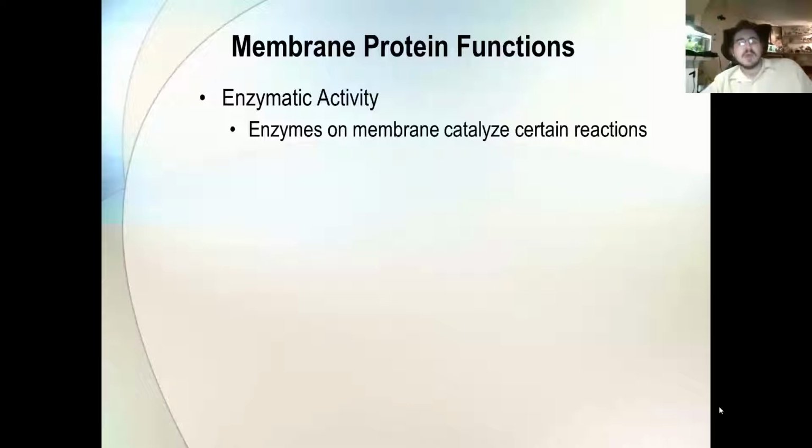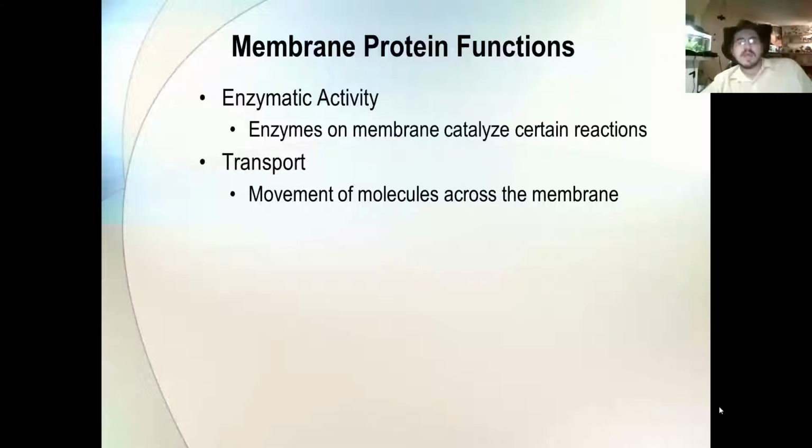So you can have enzymes on the protein membrane helping out with chemical reactions required to keep the cell alive. Or, one of the most important types of proteins embedded in the membrane, the transport proteins. And transport proteins are involved solely in movement of molecules across the membrane.